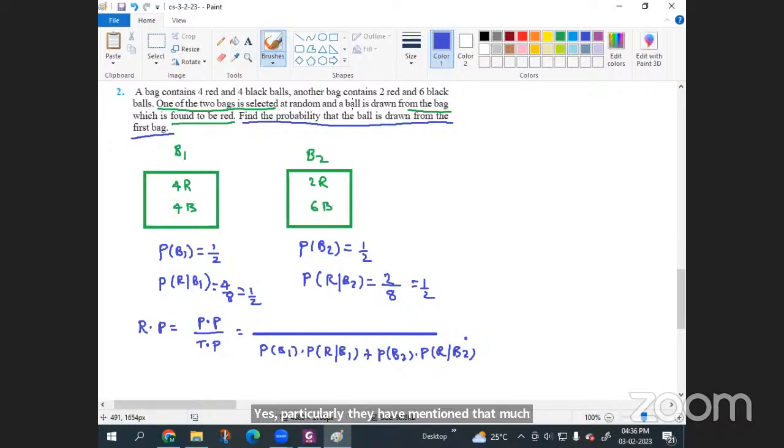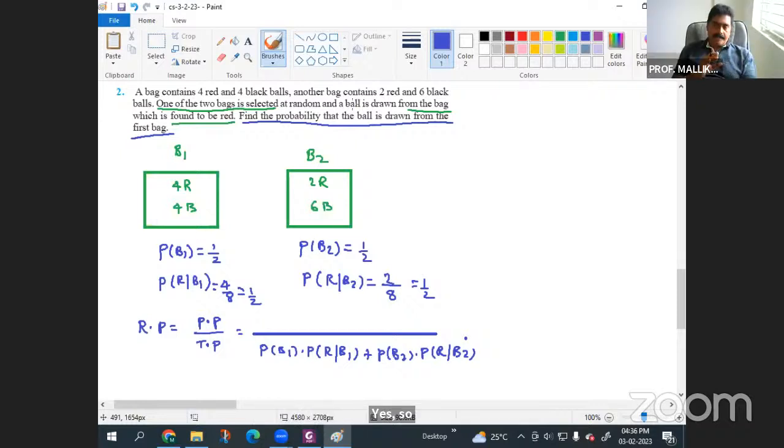So wherever they have mentioned particularly, minimum 2 should be there, 2 boxes or 3 boxes or 4 boxes, whatever they give. They will take one of them. They will say that we found that it is red, green, black. Then out of 2, particularly they will mention.